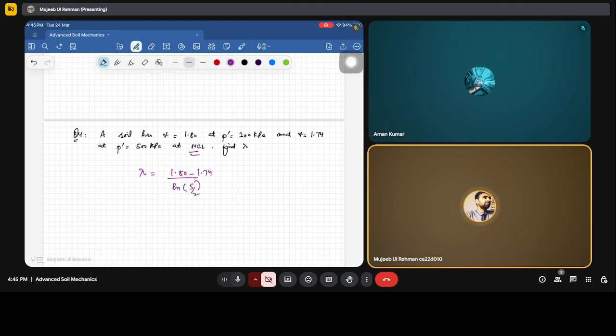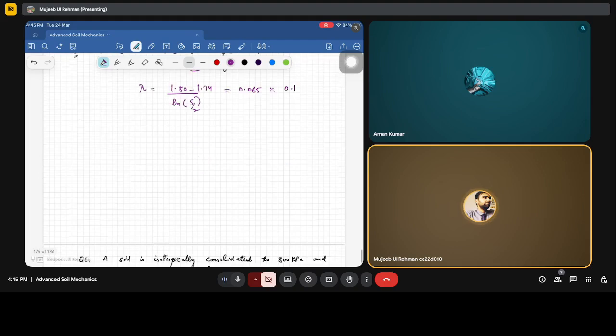Correct? 500 by 200 is 5 by 2. So again, you will get a value of 0.065, which is close to 0.1, or after rounding, equivalent to 0.1.